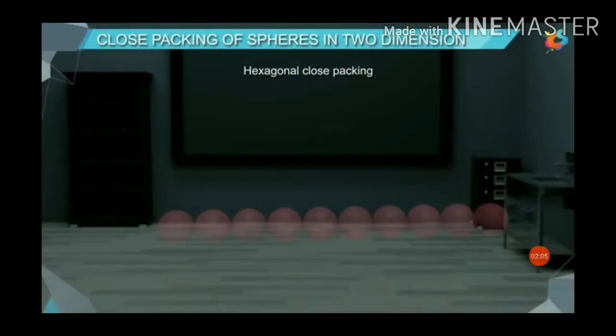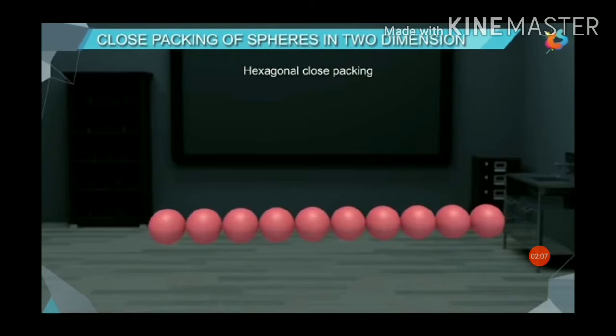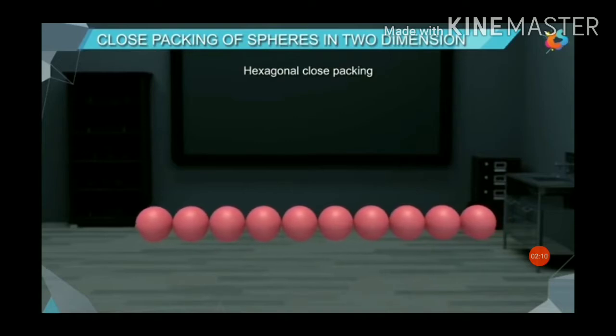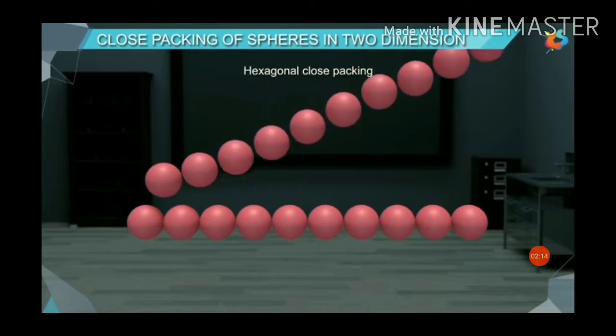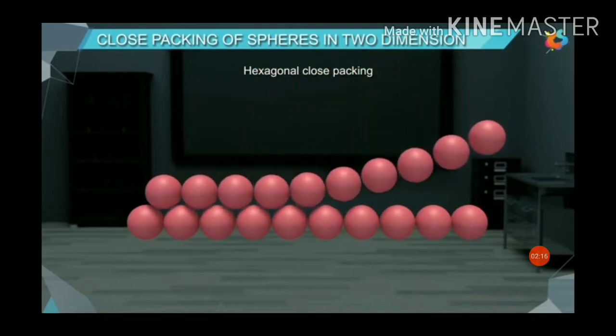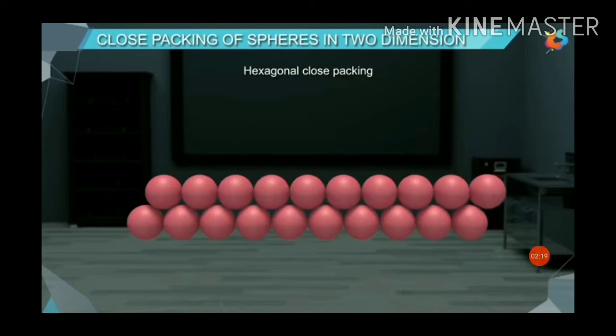In this arrangement, the first row is taken as A and the second row is placed on the depressions of the first row, not exactly above.